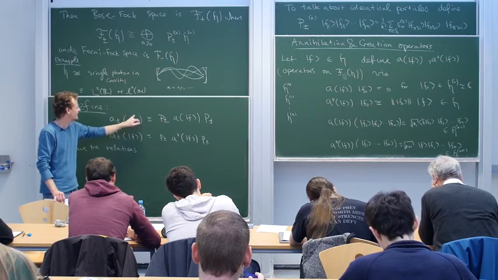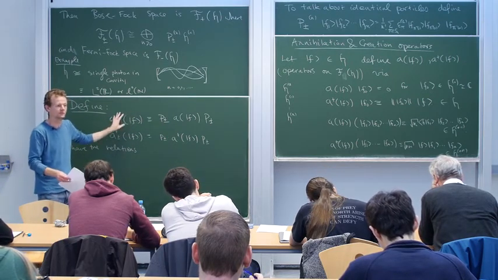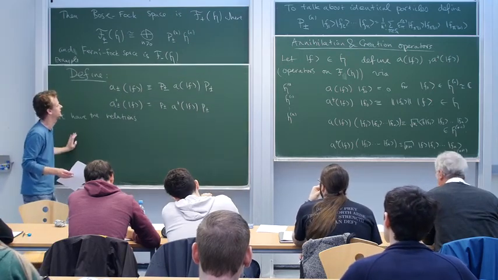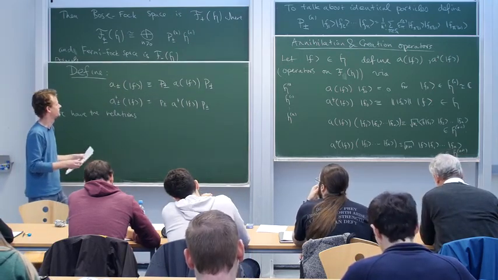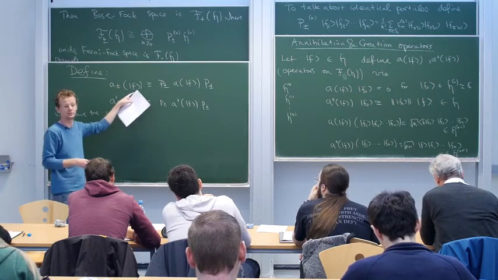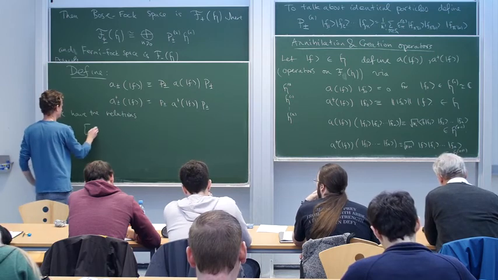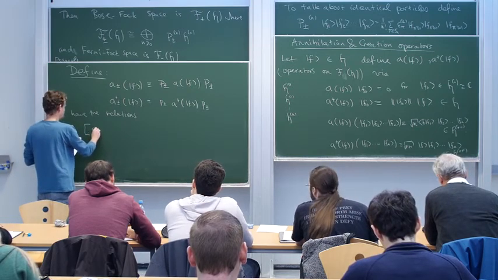So this notation is slightly odd. I mean, people would notate this slightly differently, and I'll show you that next lecture, I guess. But that's what the interpretation of these operators is. And they obey some relations, and these I hope will be familiar to you.